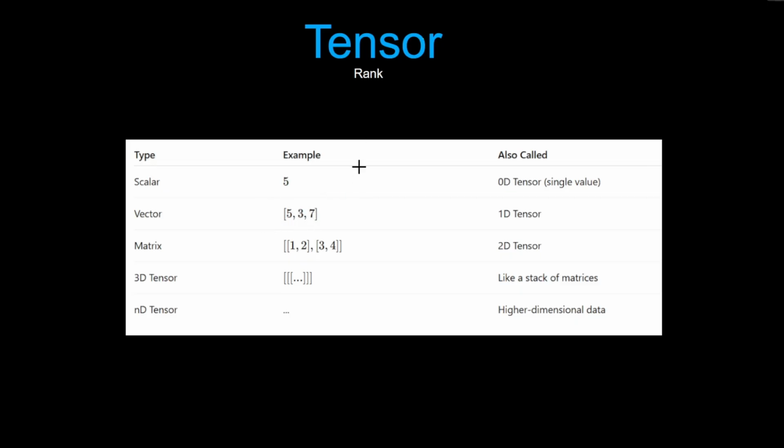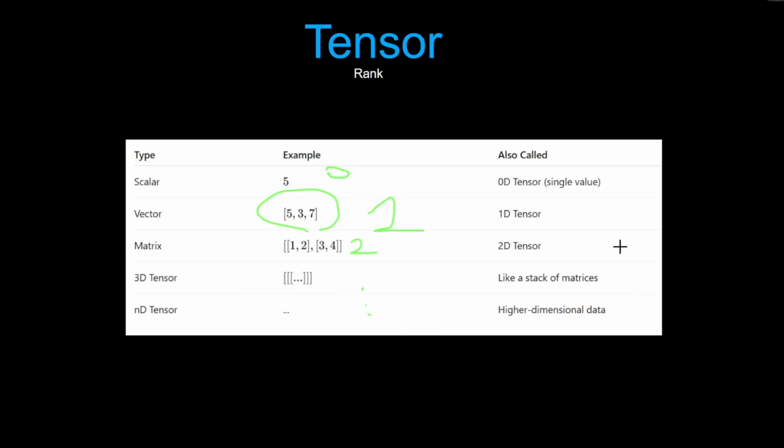So here the vector has a single dimension, so the rank is 1. The next one is matrix, and the matrix has 2 dimensions, so the rank is 2. And scalar has 0 dimensions, so the rank is 0. And so on. That's how we define the rank.